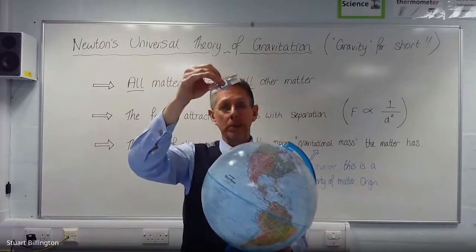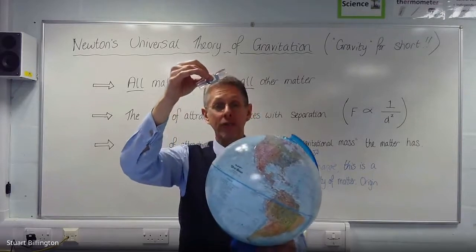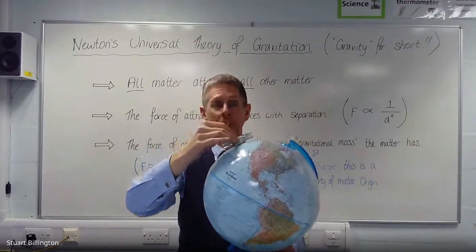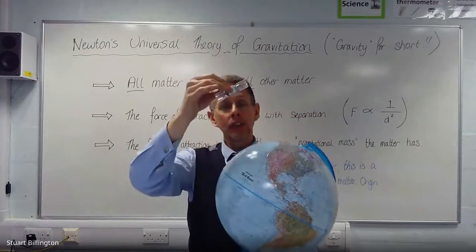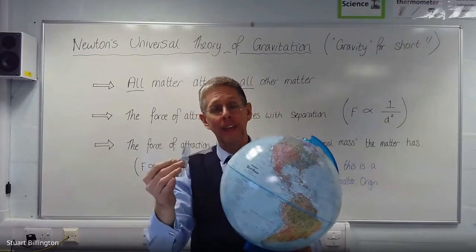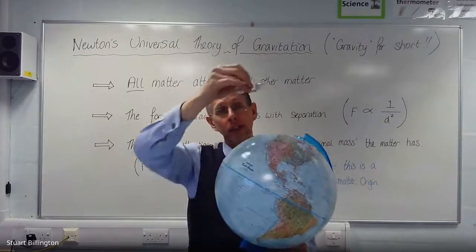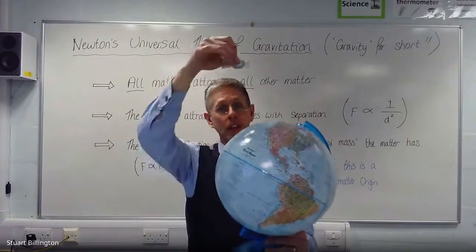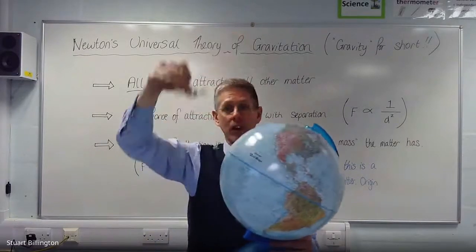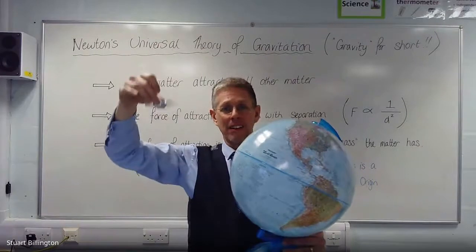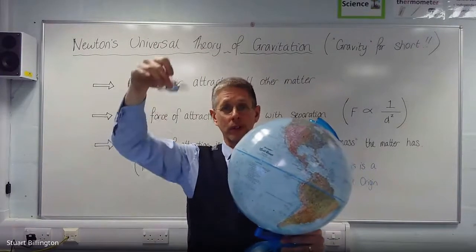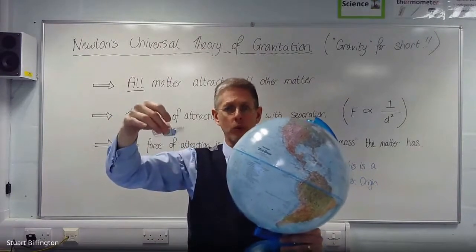An orbiting object is falling all the time. It's just moving sideways at the same time. And because it's traveling in a circle, the ground is never quite there when it tries to fall down. So it does fall down, but there's no ground to hit.